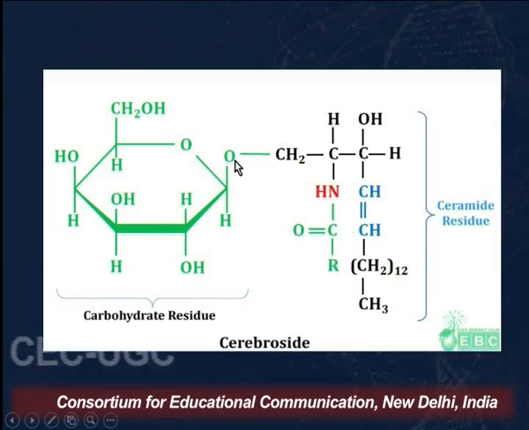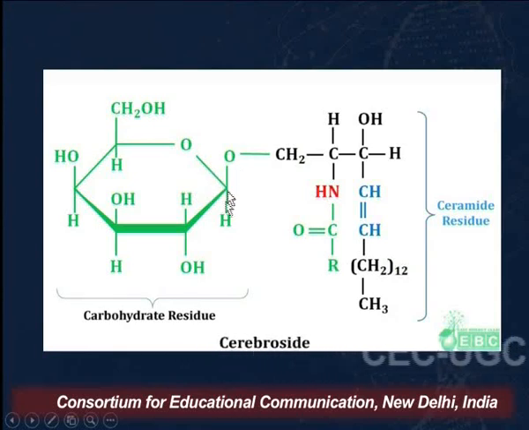We've replaced the H of a ceramide with a glucose. Now see, you already know that when an anomeric OH of the monosaccharide makes a bond with an alcohol, it results in a glycosidic linkage. And what we are finding here is we are getting a glycosidic linkage here.